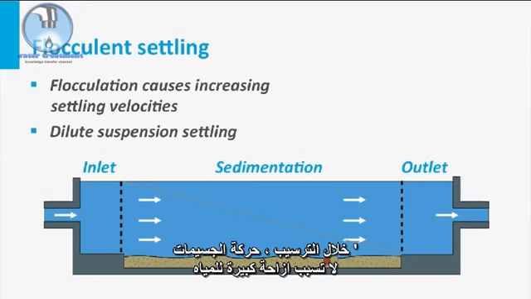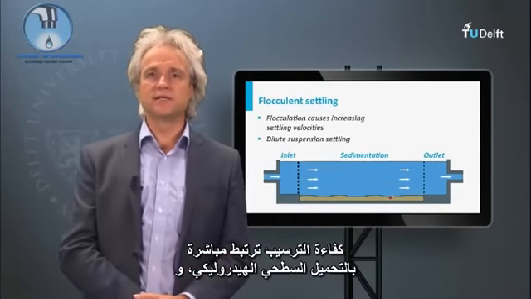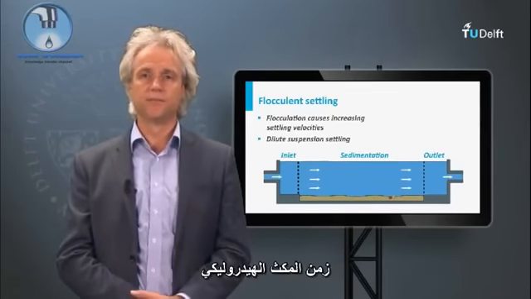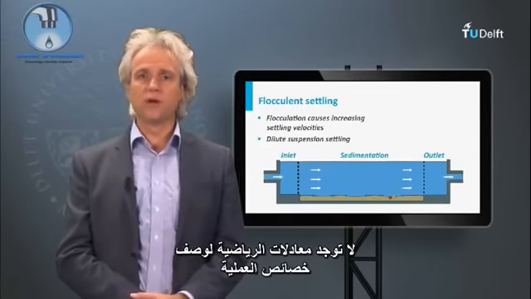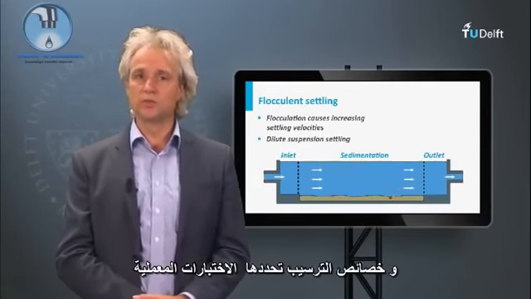During the settling, the particles' motion does not cause significant water displacement. The settling efficiency is directly related to the hydraulic surface load and the hydraulic retention time. There are no mathematical formulas to describe the process, and sedimentation characteristics are determined by laboratory tests.